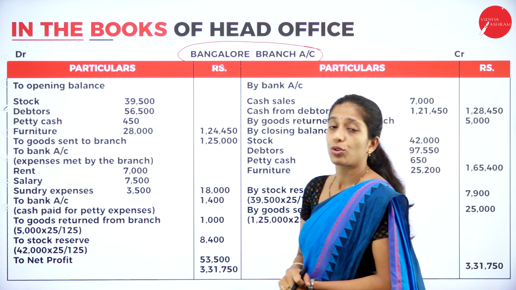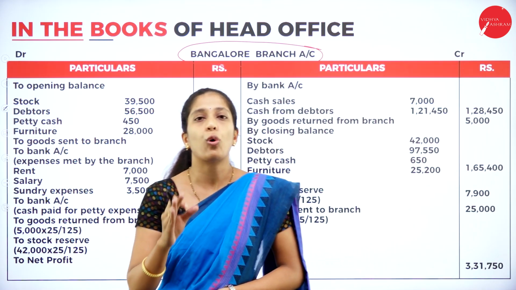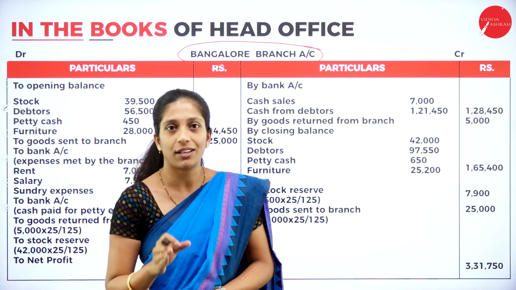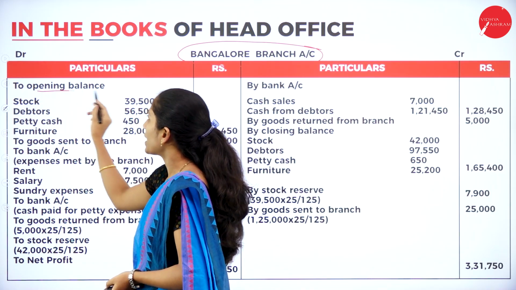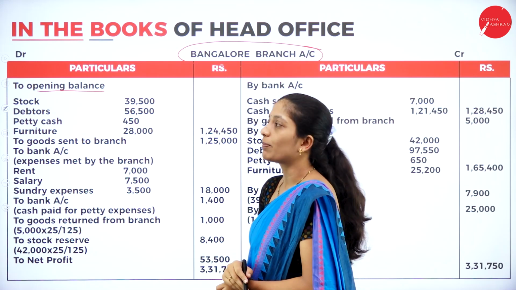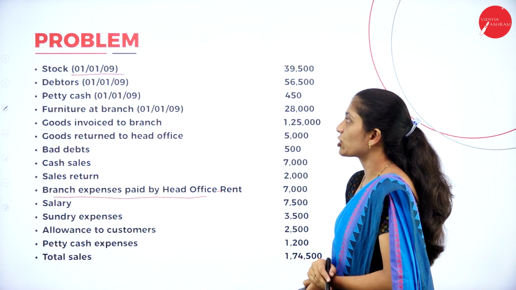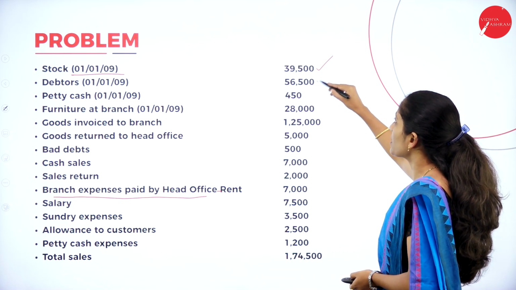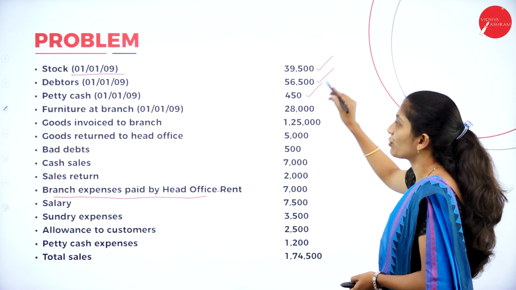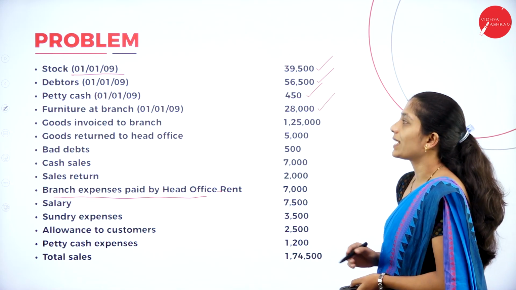First, we have to take all the opening balances which they have given in the question on the debit side. Go through the question: stock 39,500, debtors 56,500, petty cash 450, furniture 28,000.